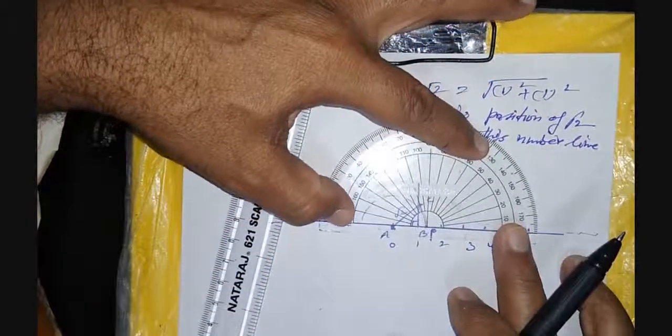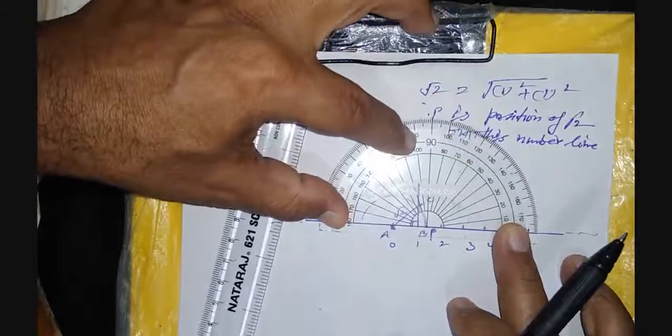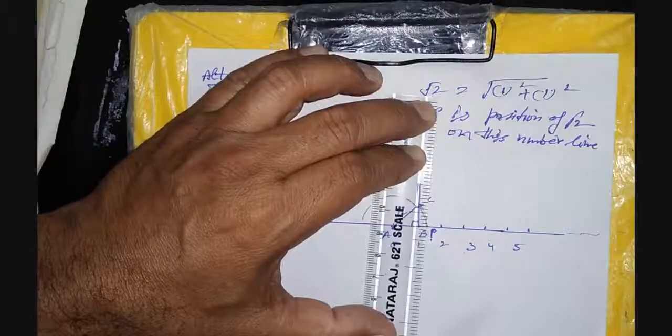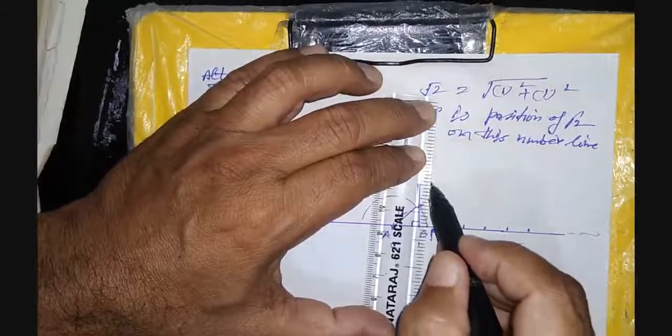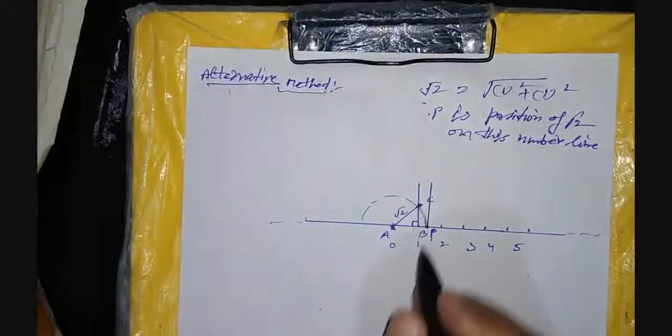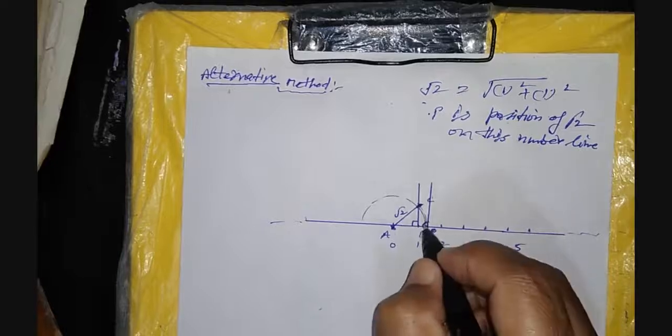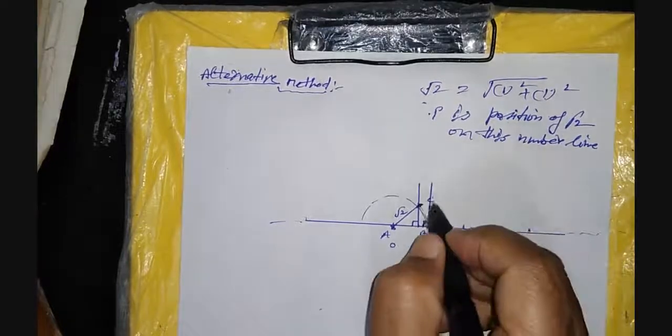Using this we can find the position here, and the vertical line will be in this way. Now this is a right angle.